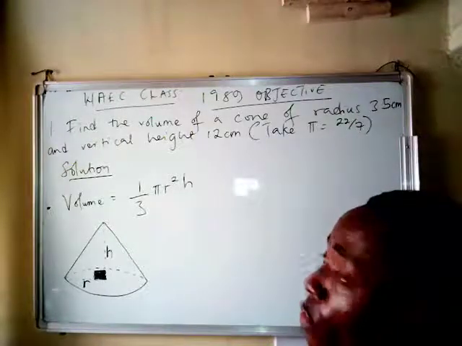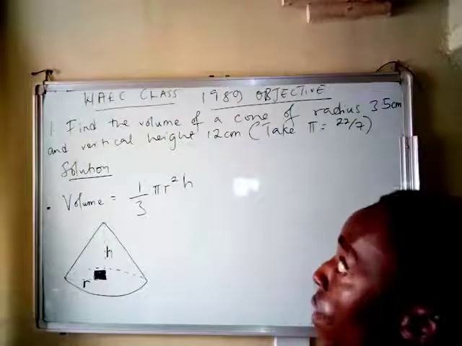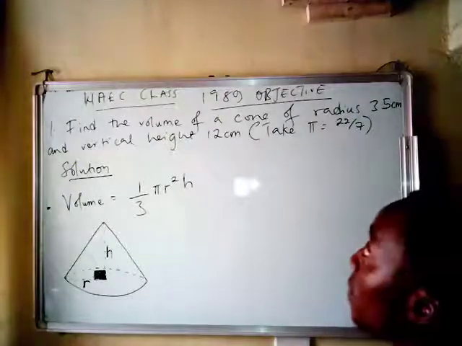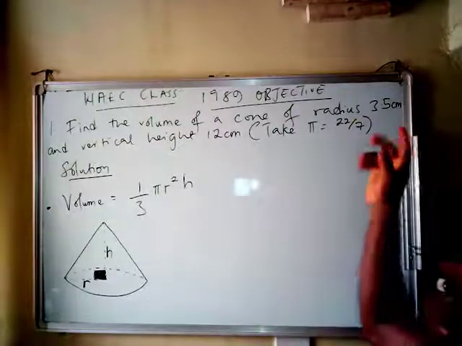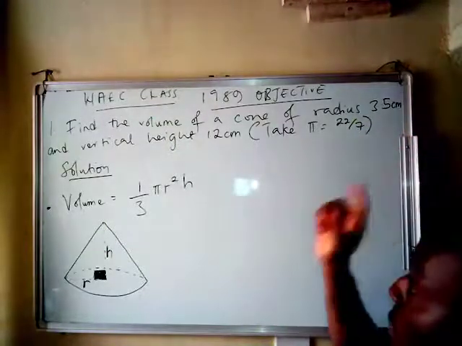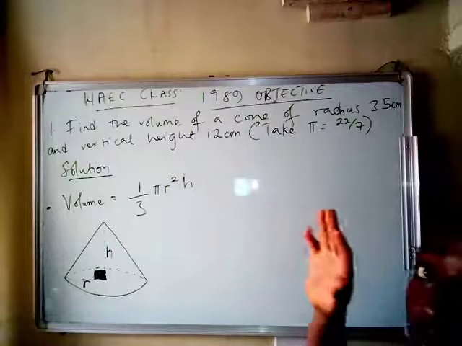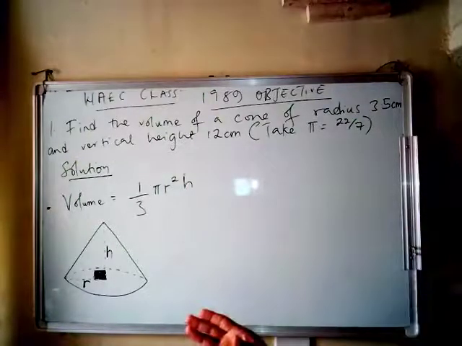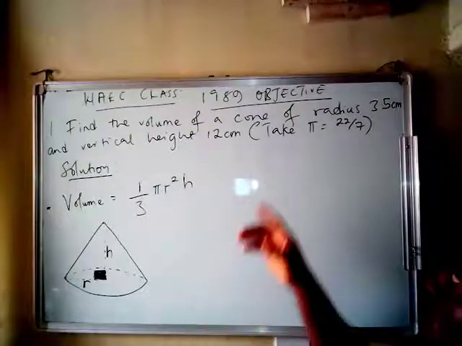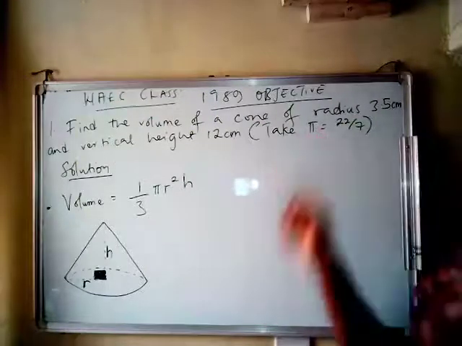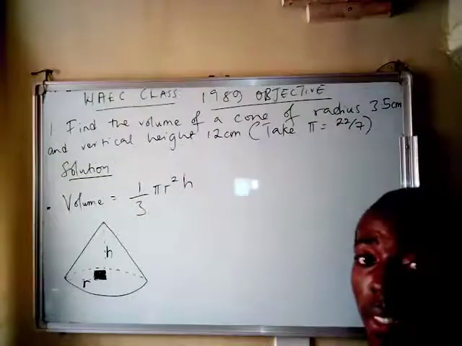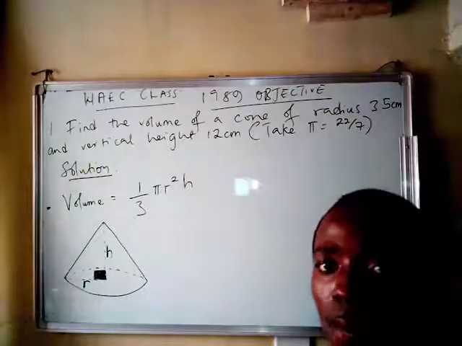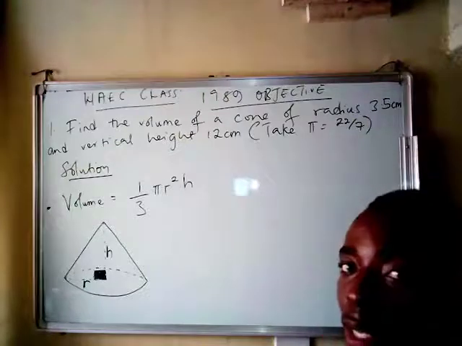So the first question we have says, find the volume of a cone of radius 3.5 centimeters and vertical height 12 centimeters. Now if you look down there, not to forget that it said take pi as 22/7. Now pi is always considered when you have a circle in a shape.